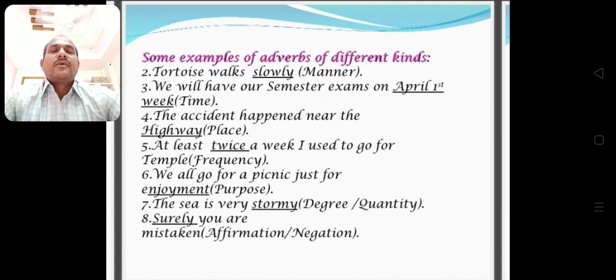It shows frequency. We all go for a picnic just for enjoyment. Here it shows purpose. The sea is very stormy. It shows degree or quantity. Surely you are mistaken. It shows affirmation. These are the examples of adverbs.